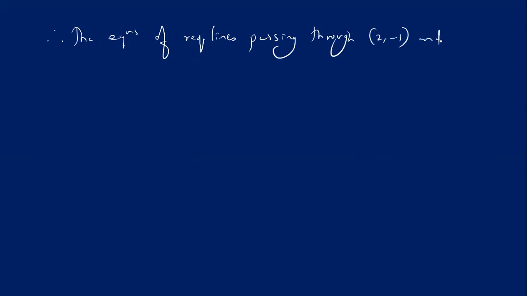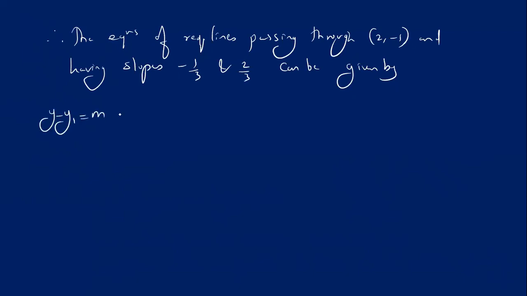Therefore, the equations of the required lines passing through 2 comma minus 1 and having slopes minus 1 by 3 and 2 by 3 can be given by y minus y1 is equal to m into x minus x1, and y minus y1 is equal to m2 into x minus x1.